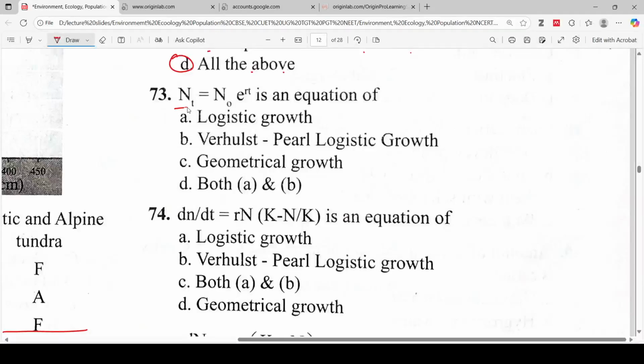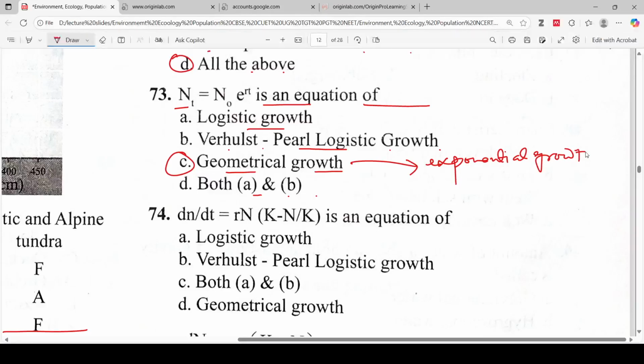Nt equals N naught e to the power rt is an equation of: logistic growth, Verhulst-Pearl logistic growth, geometric growth, option D, both A and B. So the correct answer is option C. Geometrical growth is also exponential growth.